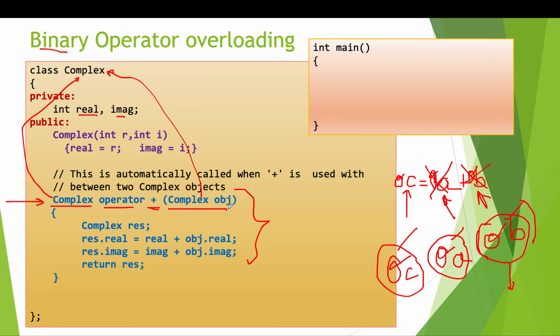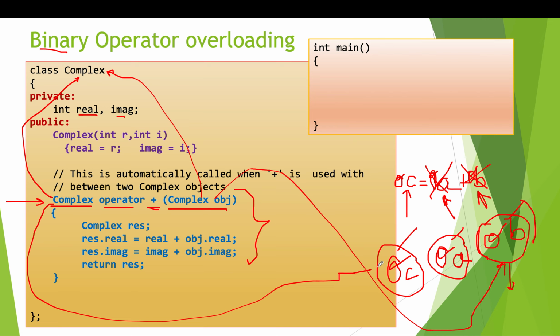This function is expecting one object as input and returning one object. So this input is nothing but our B, which we were deciding to pass as input, and this return type is nothing but our C, which we were deciding to get as output from the function.